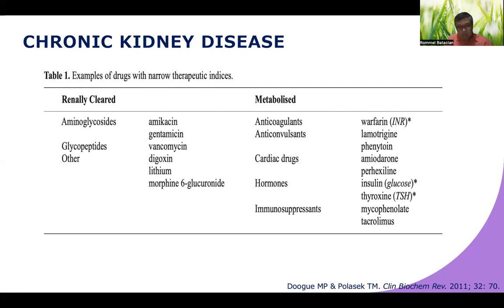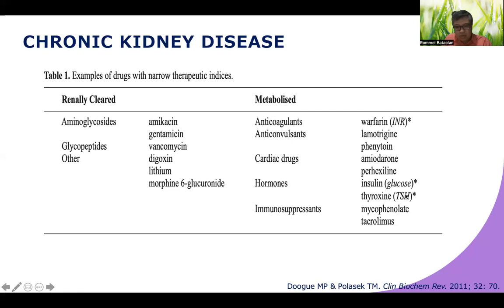So therefore, dosage adjustments, blood monitoring if possible, like tacrolimus, where we monitor tacrolimus serum drug levels, and clinical monitoring. If there's no clinically available serum monitoring, we have to do clinical monitoring. A particular example, in warfarin, we check the INR.